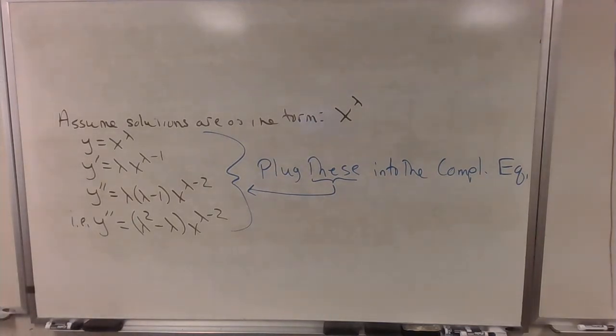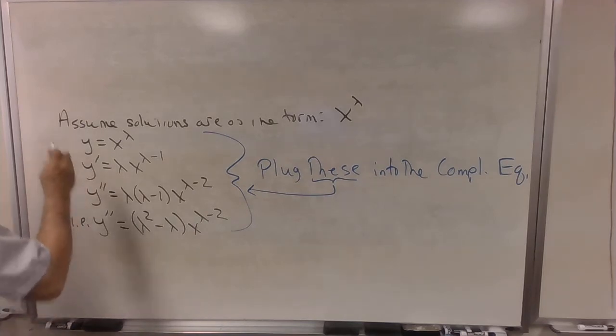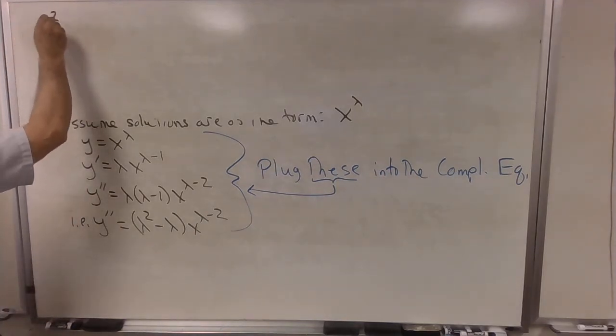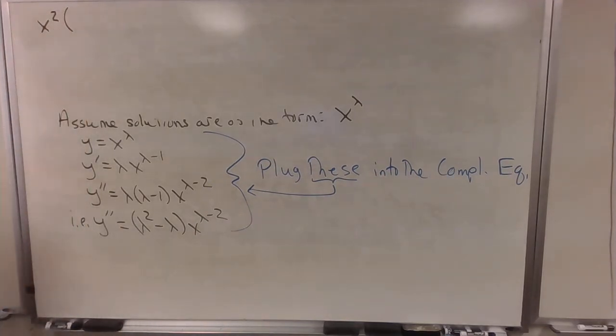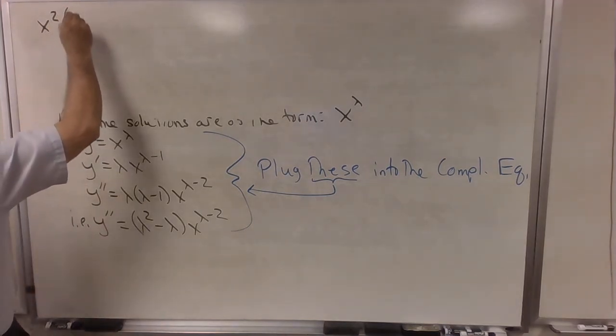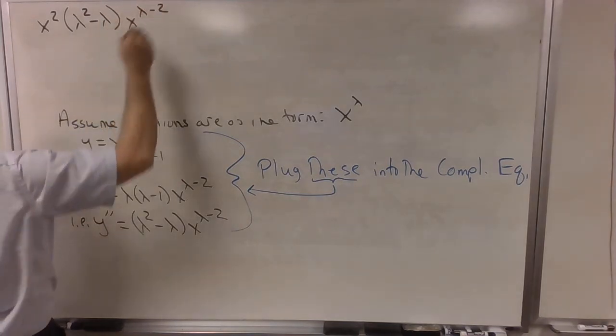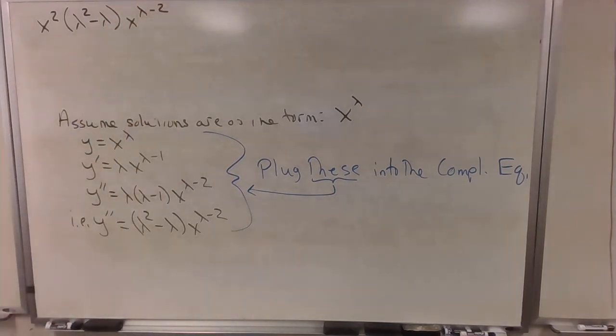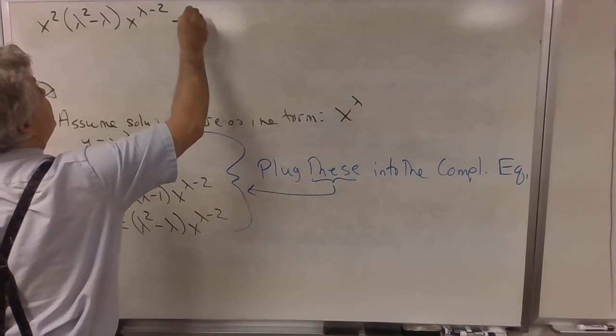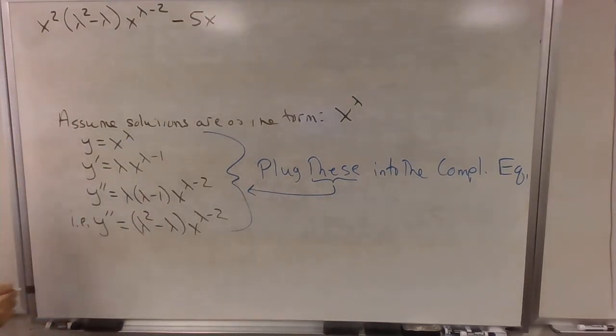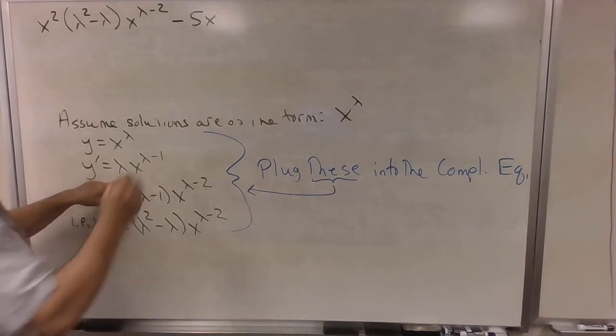Our complementary equation was of the form x squared times y double prime, so that's lambda squared minus lambda, x to the lambda minus 2. And then after that we had minus 5x times y prime, so that's lambda x to the lambda minus 1.